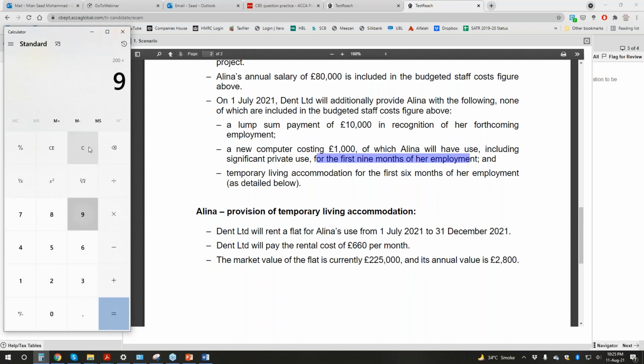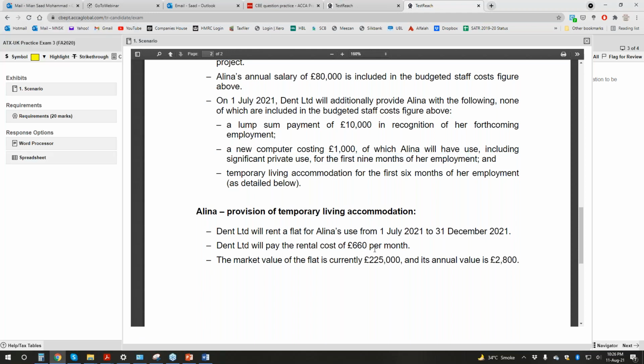It's 200. We'll then multiply it by 9 and divide it by 12. So the taxable benefit will rather be 150 than 200. And on that, the company needs to pay class 1A NI. But we will keep this benefit for the time being, add all other benefits to it, and then take 13.8% of the total.